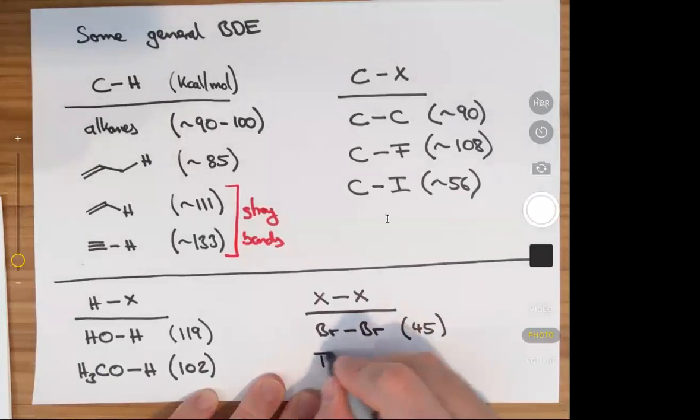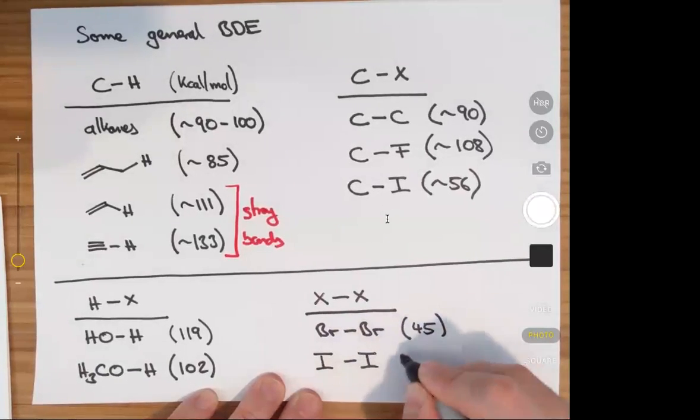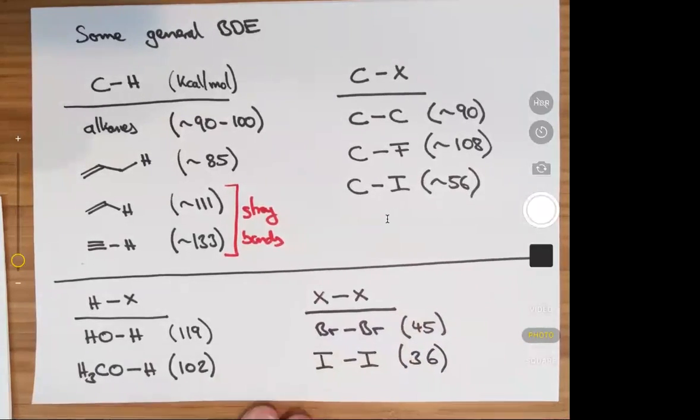And then the iodine-iodine bond is even weaker, basically just 36 kilocalories per mole. So it gives you a ballpark of the bond dissociation energies you're going to be dealing with. The weakest ones in this entire table are obviously the ones that include halogen atoms, so you'll see a lot of halogen-derived chemistry as part of these radical reactions.